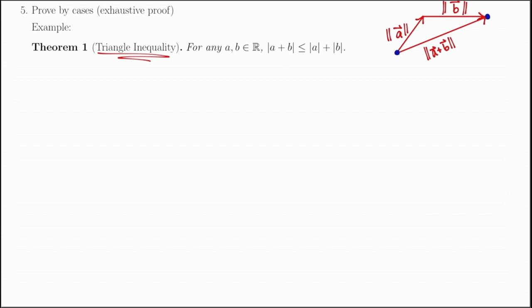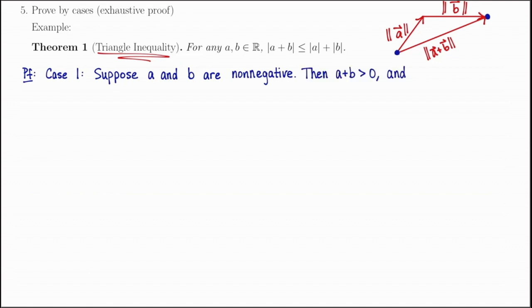Okay, so for case 1, you might start by imagining that a and b are both positive. You can rope 0 into this case and say that suppose a and b are both non-negative. So they could be positive or 0, one or both could be 0. Well, what happens when you add 2 non-negative numbers? The result is non-negative.